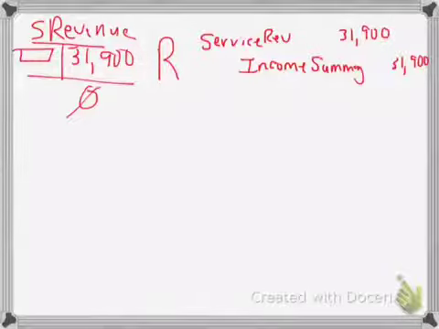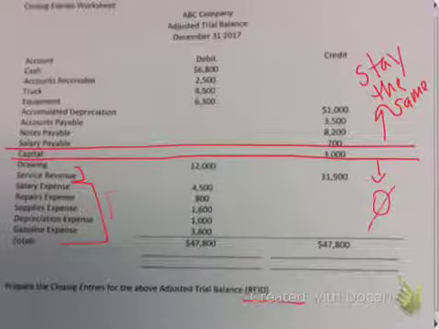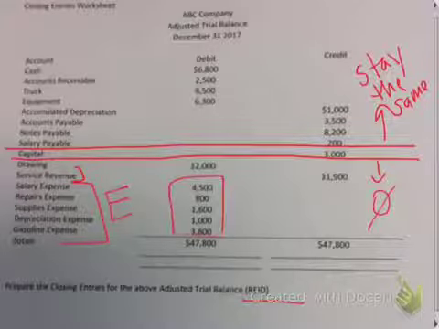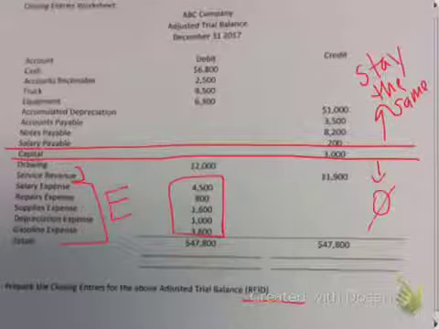The next set of accounts that we're going to look at is E. Now remember, E is for our expenses. So if I go back to the worksheet, these are all of our expenses. You will notice that all of these have a debit balance. So if I want to get them to 0, then I would have to credit all of these accounts.